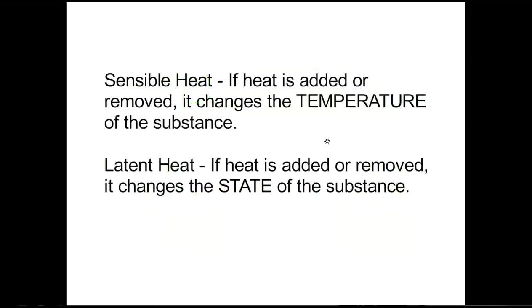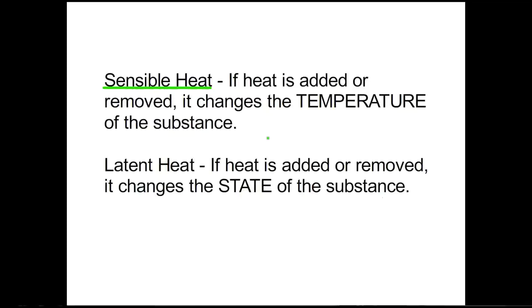All right, in air conditioning, we have two types of heat that we like to talk about. One is sensible heat, and that is where if you add heat energy, molecules in motion, to a substance, it changes the temperature that you can measure with a thermometer.